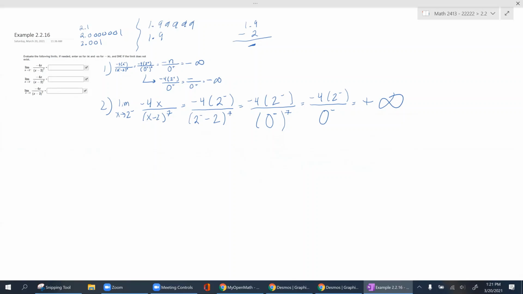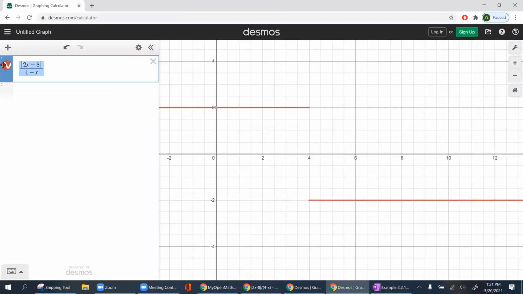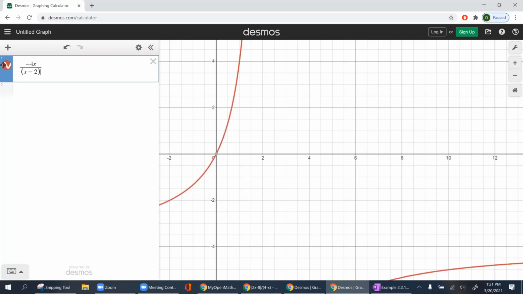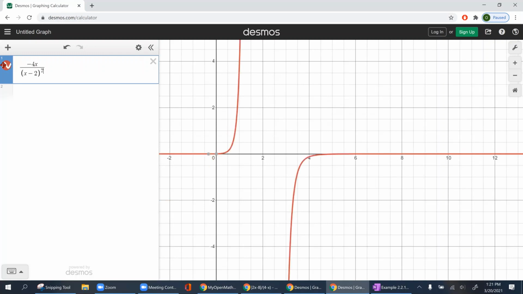So I want to show you all what it was that we just did. Let me plug in this function here. If I remember correctly, it's -4x divided by (x minus 2) to the 7th. And I'm going to create an asymptote at x equals 2.